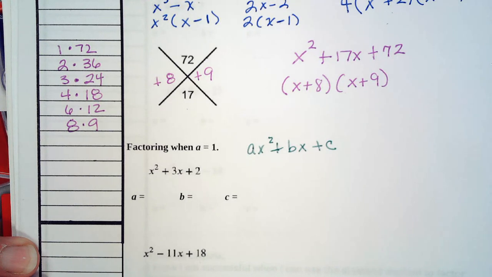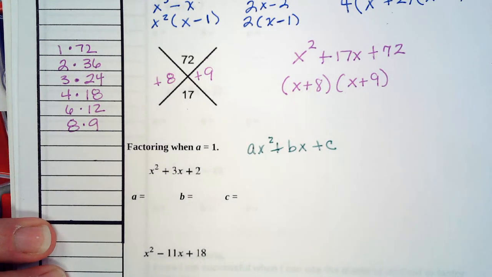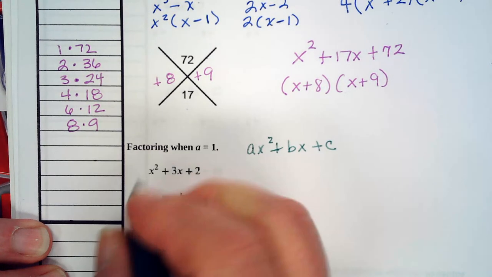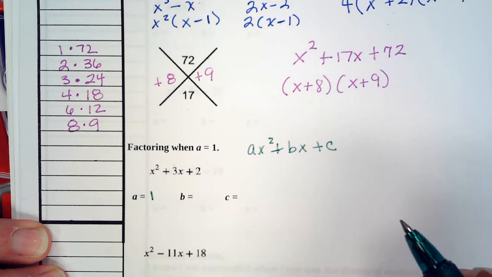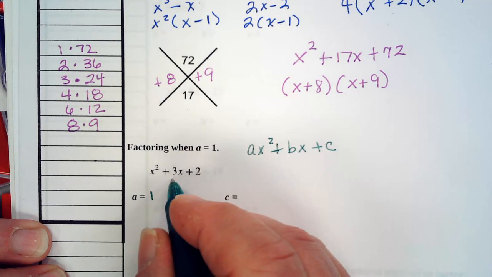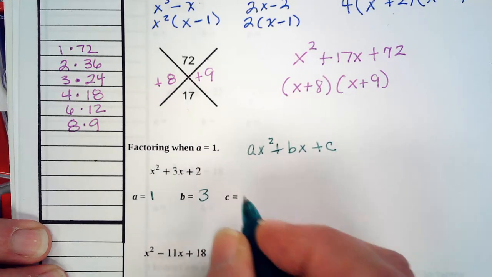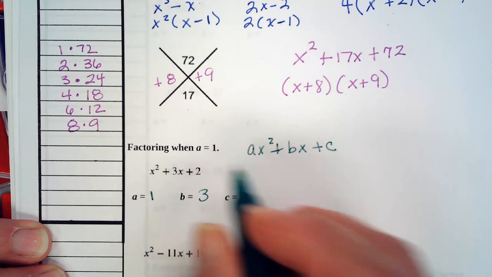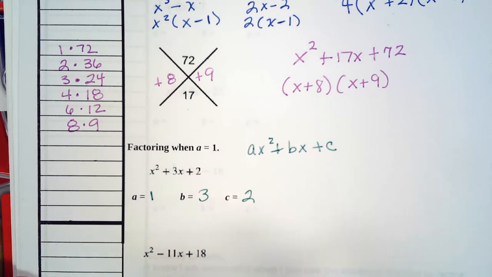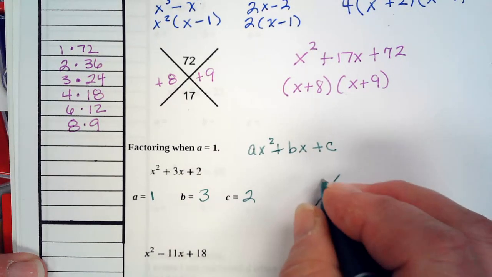If I had to put a number in front of x squared, what would it be? Well, that's our 1. What's in front of x? That is 3. That's b. What is our number? That's 2. That's c.